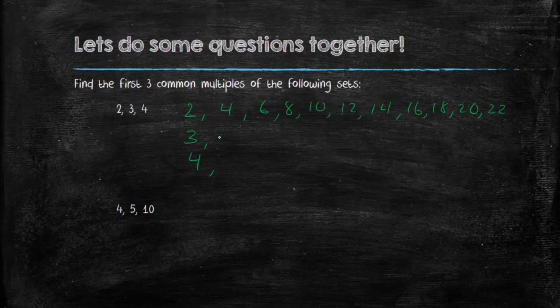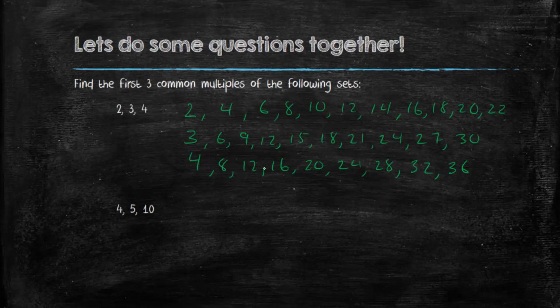I could go on, but I think that should be enough. 6, 9, 12, 15, 18, 21, 24, 27, 30. Here we've got 8, 12, 16, 20, 24, 28, 32, 36, and so on.